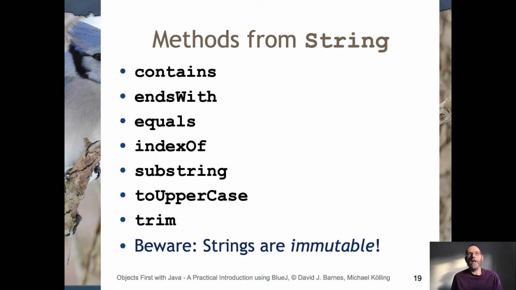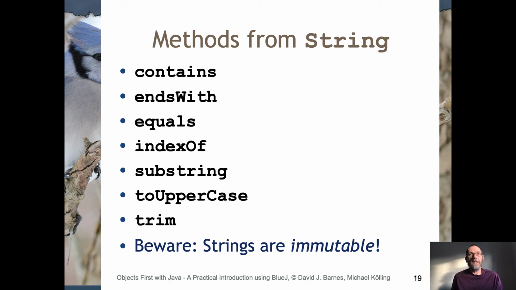And I'm just going to illustrate a couple of those in a moment with version 1 of the project. So methods like contains, endsWith is a complement to startsWith, equals, so if we want to know whether two strings are exactly identical, then we call equals. indexOf allows us to look up a character or another string to see whether that occurs somewhere within a string.